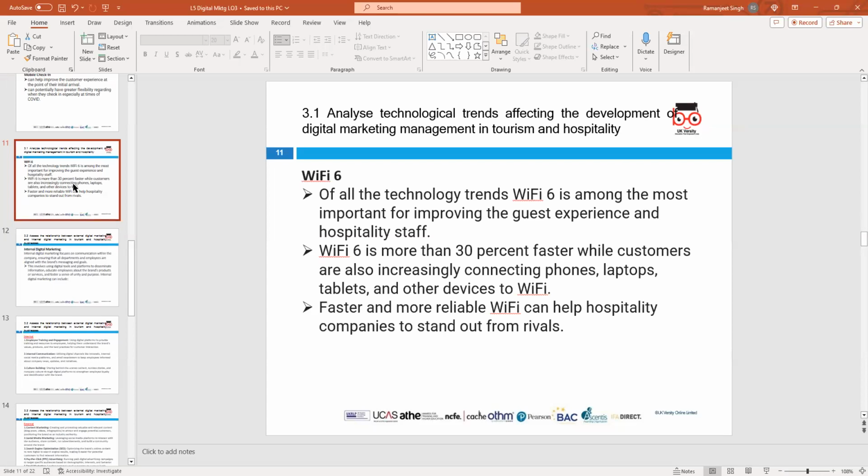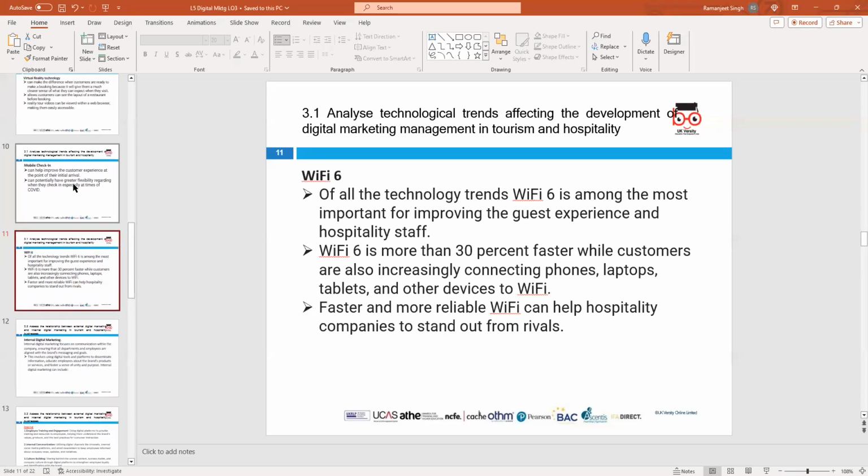Okay, is that okay? So we've considered different factors, five or six factors. There are other factors, and you can explore them. But what we said is that the rise of technology has affected the development of digital marketing management.